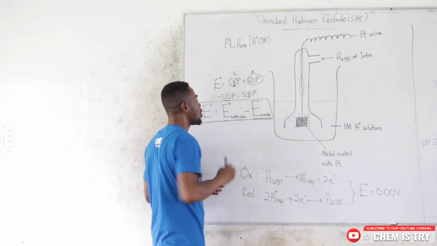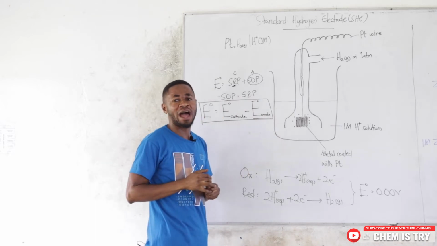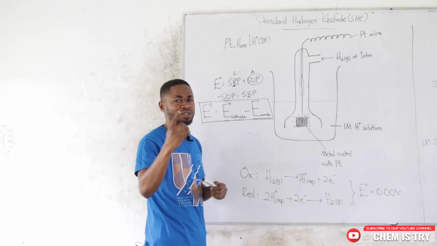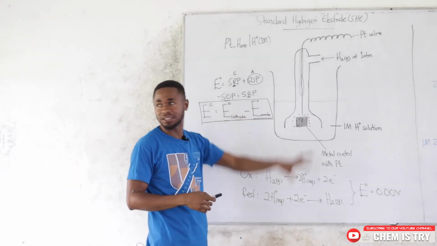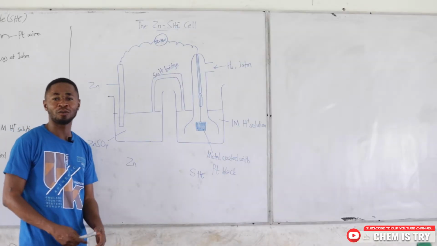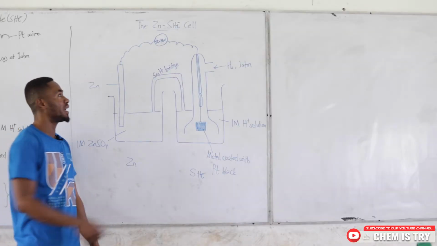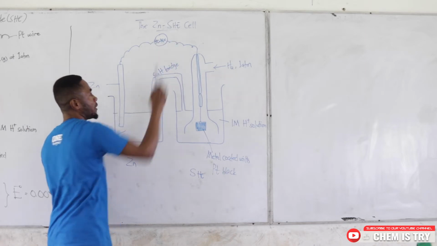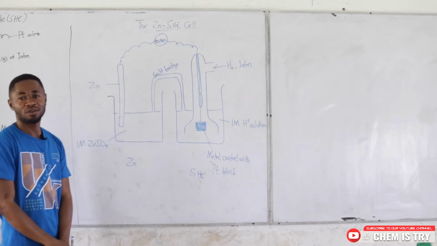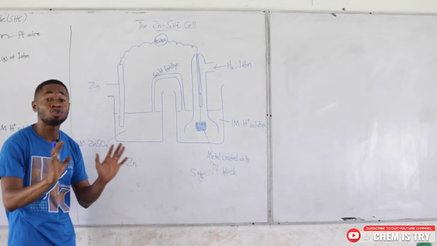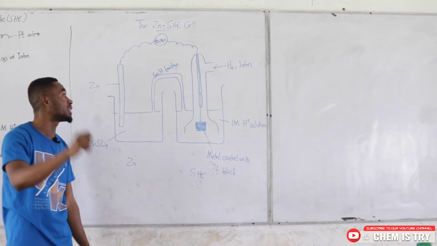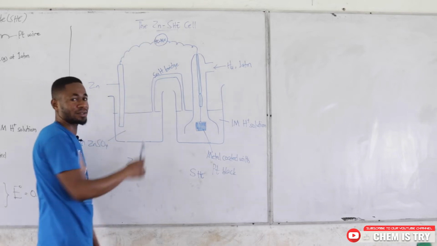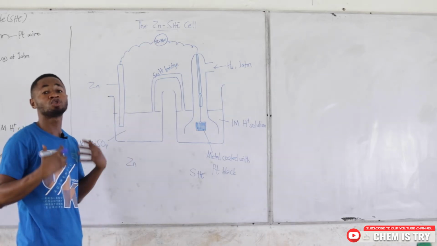This is how we will be able to identify the standard reduction potential value of a cell connected to the SHE. A classical example of SHE in action is the zinc SHE cell. Let's assume we have no idea what the standard reduction potential of zinc is, and we want to determine it.